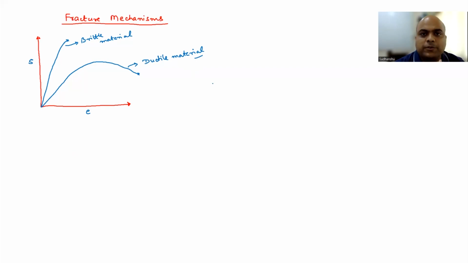So let's go into more depth on failure in these types of materials and how the fracture surfaces are going to look. Types of failure in a uniaxial tensile test.